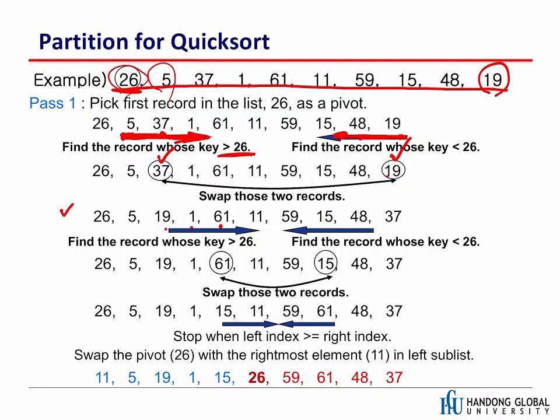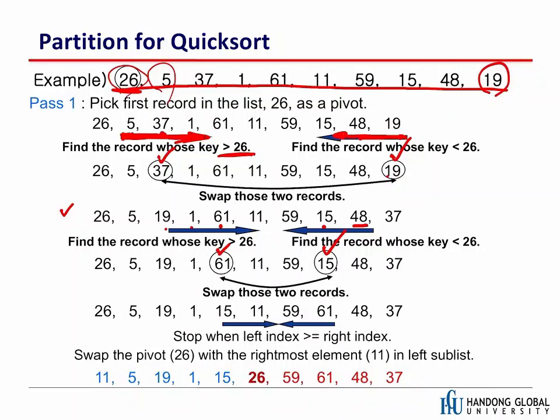Okay, perfect, pass. And 61, which is larger, we stop. And 48, which is larger, we pass. And 15, smaller than 26, stop. So 61 and 15, we swap these two elements.